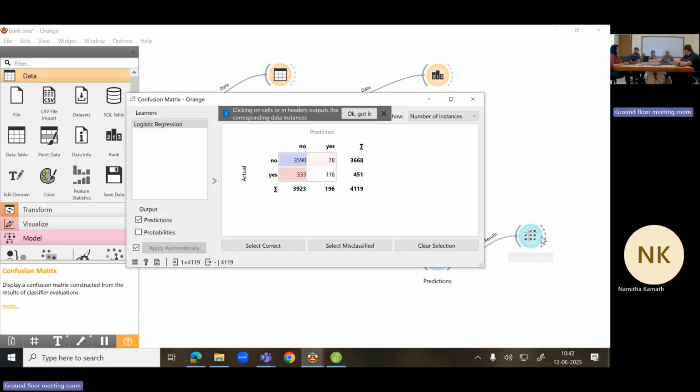118 is true positive. 78 is false positive. Actually, it is no, but falsely predicted as positive, that is the yes class. So that's why it's called false positive, or tested positive.